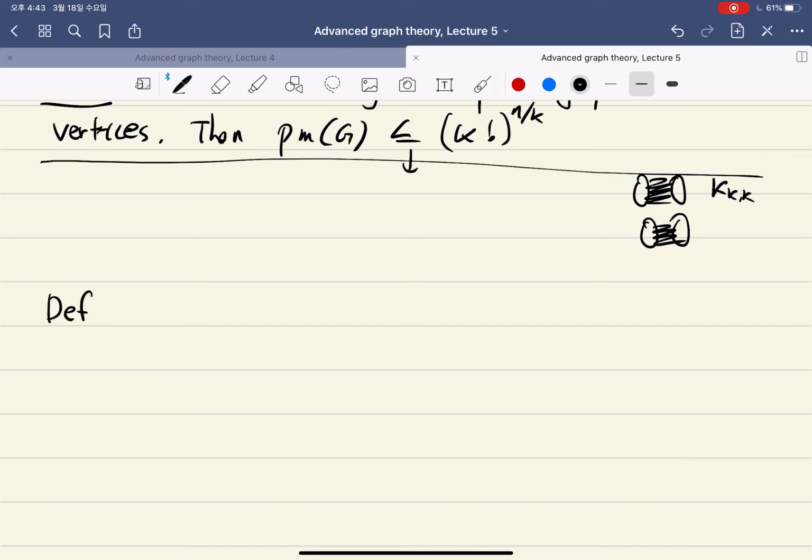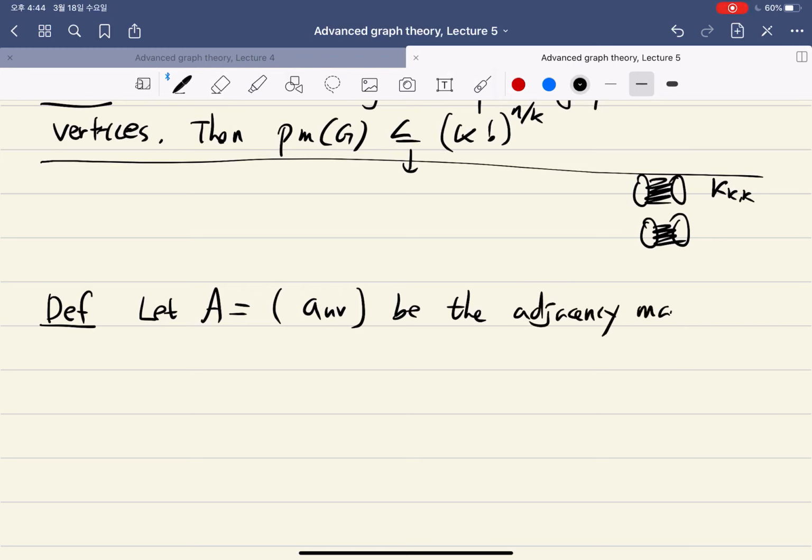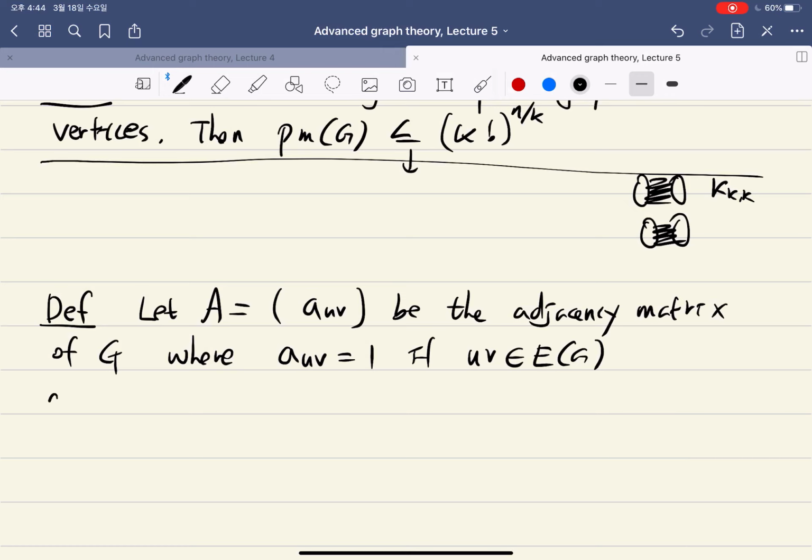We already learned in undergraduate graph theory that we let A be the adjacency matrix of the graph G, defined in this way: A_{uv} is 1 if uv forms an edge in G, and this is 0 if uv is not an edge.